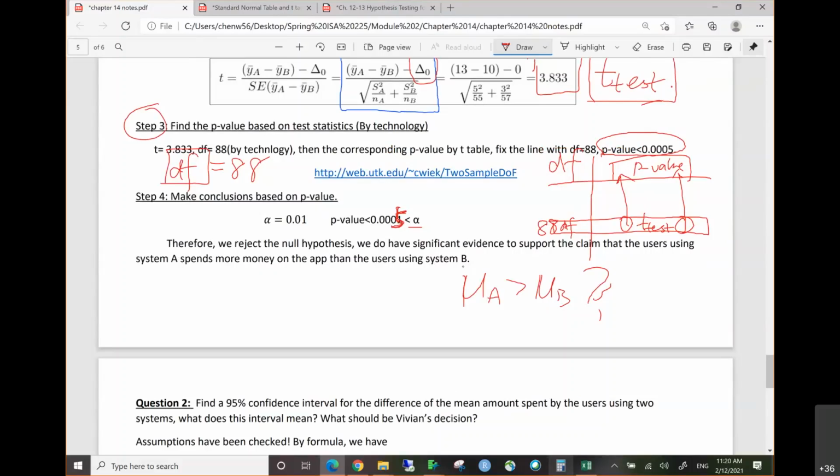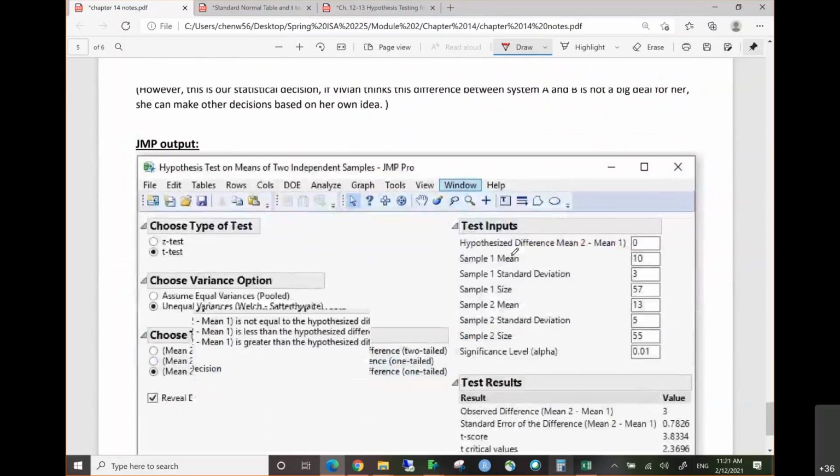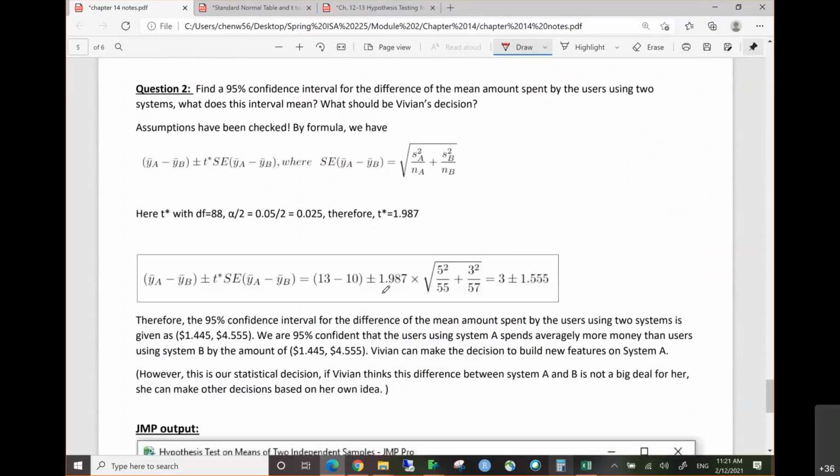All right. For the next question, let's do it quickly. We still use the same sample, still about system A and system B. Right now, I want to get a 95% confidence interval for the difference. So again, first step, we need to check the assumptions.